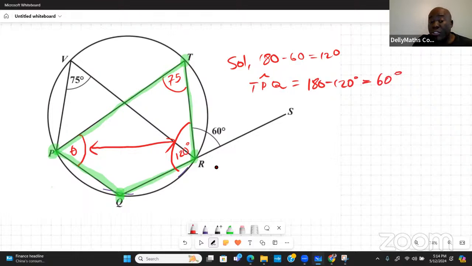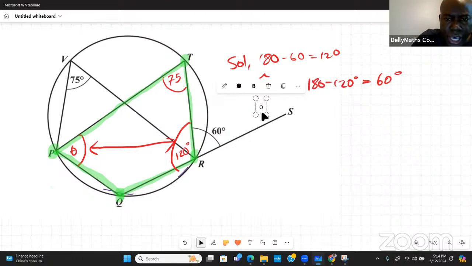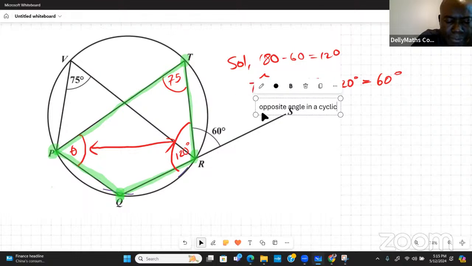Now, if you do this, you could say more than one thing. You could have said opposite angles in a cyclic quad are equal.